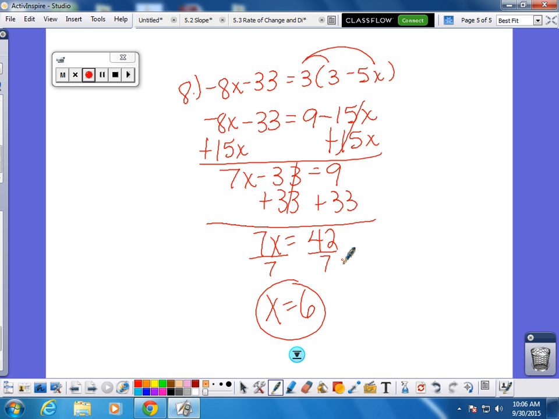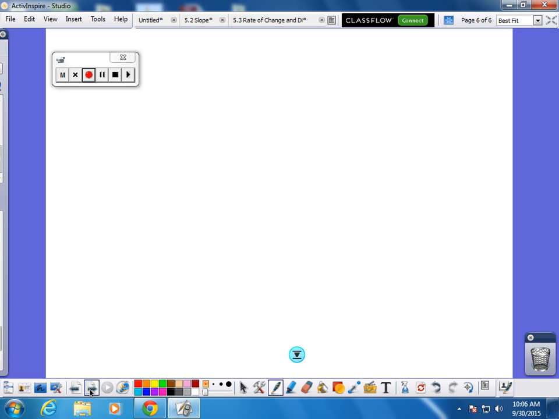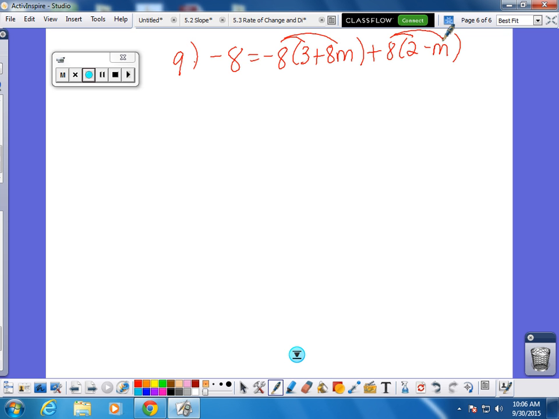Alright, number 9. Two distributive properties. So that would be negative 24 minus 64m plus 16 minus 8m.